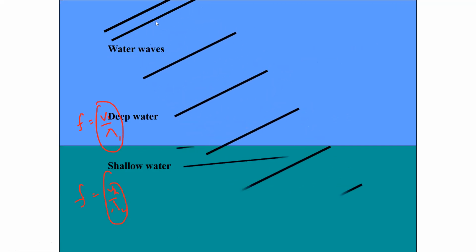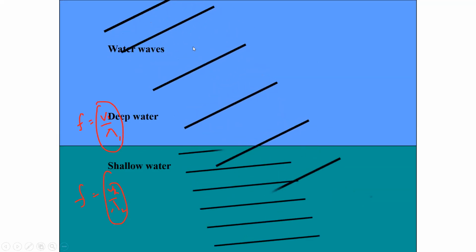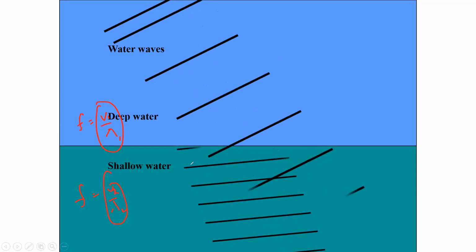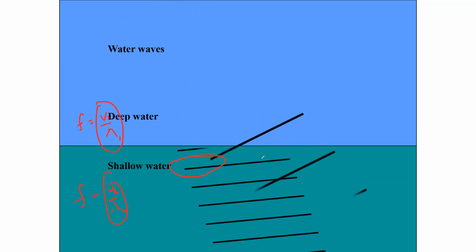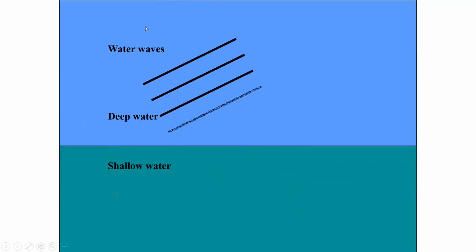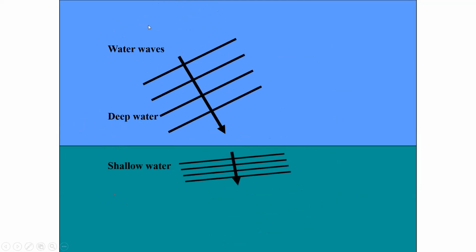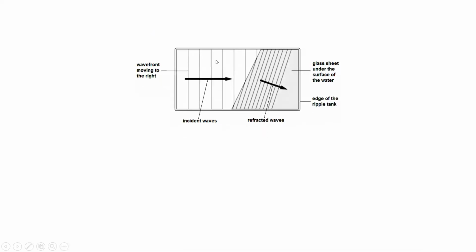If the wave is making a certain angle, then it will change its direction as well, because part of the wave is in a deep region and some part is in a shallow region. As you can see here, this part of the wave is in a deep region and the other part is in a shallow region.